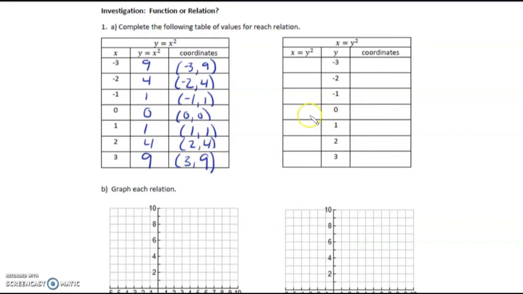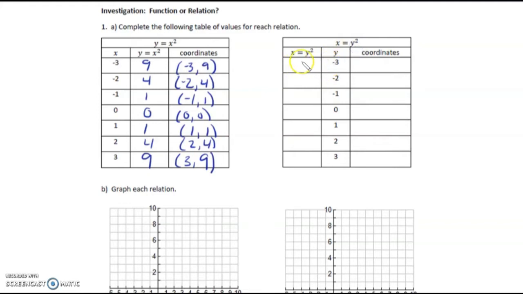Now, I did this one a little bit backward on purpose. Let's look at x equals y squared. So we're actually solving for the x value, which is backward. You won't really see this. This is just an investigation, so you won't see this very often. But what we're going to do is take whatever y we get and square it.